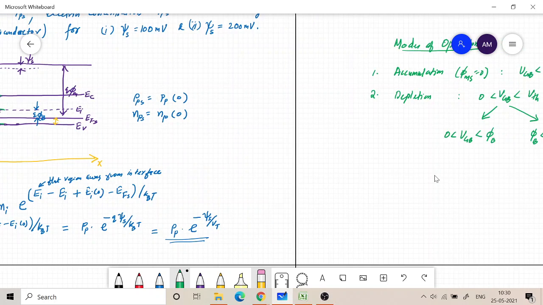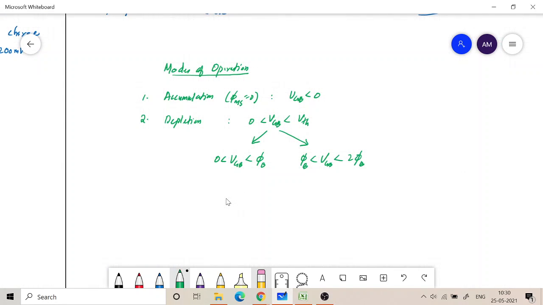This region is called weak inversion, because at these voltages we have more electrons at the interface. NPS is going to be greater than PPS. Weak inversion, where NPS we have found just now is going to be less than or greater than PPS.